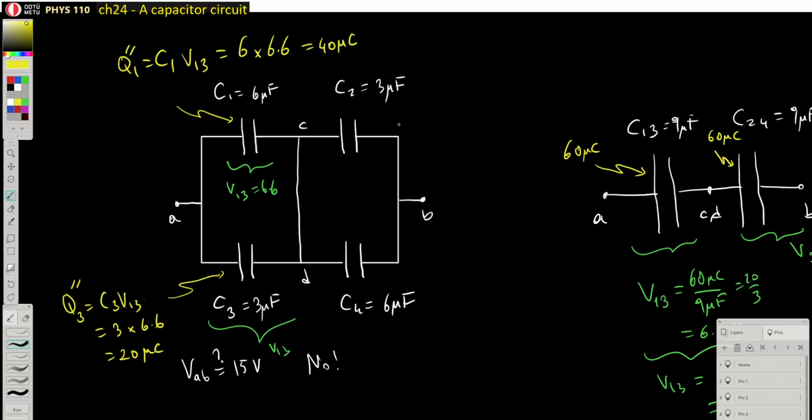Okay. So let me quickly continue with these. The charge in here is Q2 and the charge in here is Q4. I'm just going to write down the values in here so you can easily see them. So that's going to be 20 microcoulombs, and Q4 is equal to 40 microcoulombs. So I think I need to put double primes in here.